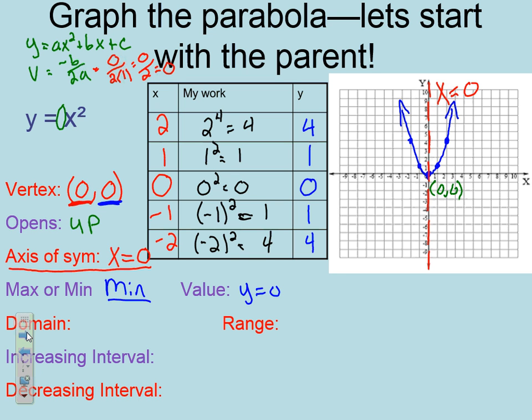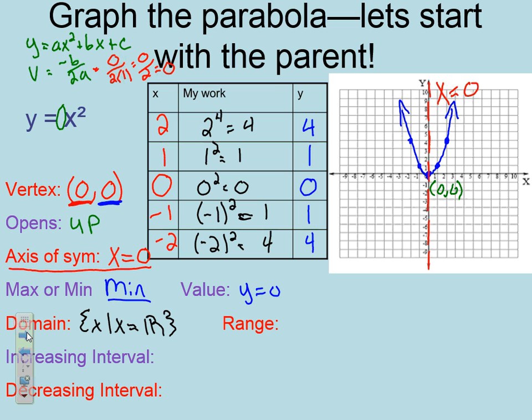So now that I've graphed it, now I can start thinking about my domain and range. Domain and range are going to be just like they were when we did absolute value. So my domain on this one is going to be x such that x equals all real numbers. Always, always, always going to be this for our parabolas, okay?